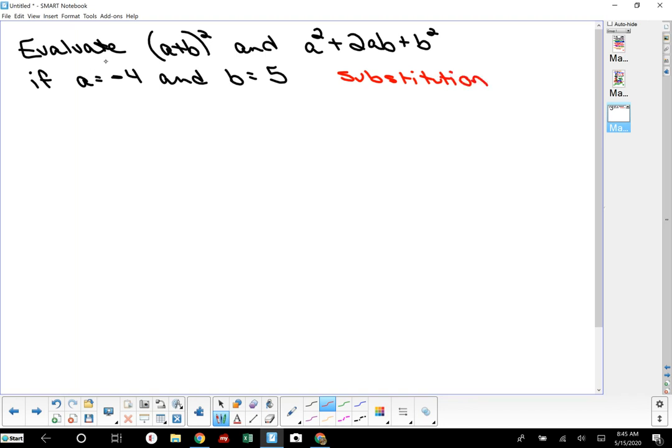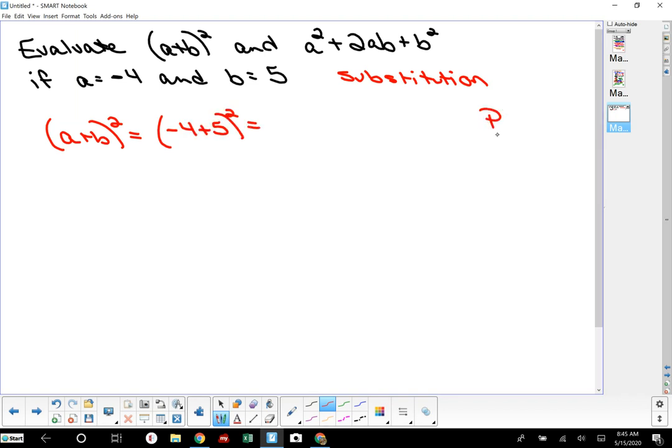Right? And I want to talk about the first one. It said evaluate a plus b quantity squared. Now, because of calculator use, if you guys always put negatives around, or parentheses, around negatives, you'll be okay. So this one is just in parentheses. A is -4, b is 5 squared.